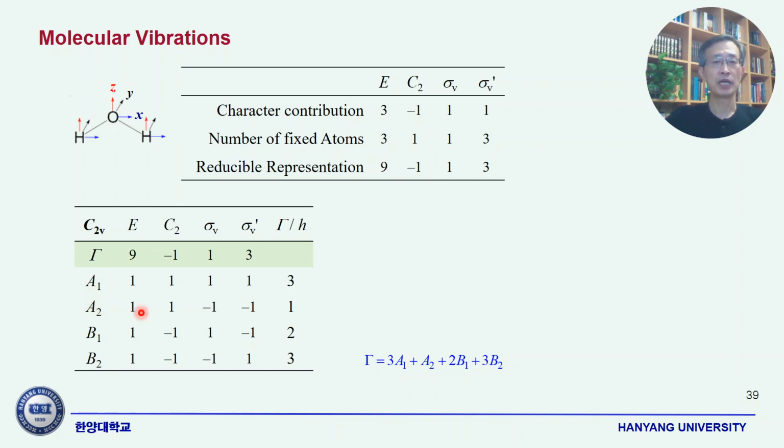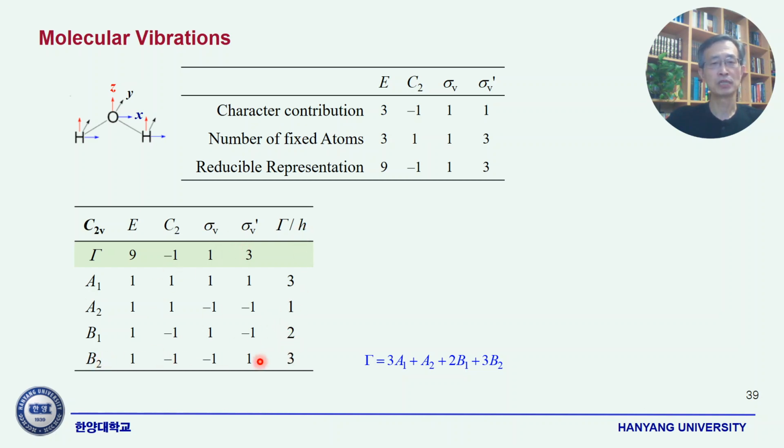And then in the A2 case you do 9 times 1, -1 times 1, 1 times -1, 3 times -1, which is 4. And then 4 divided by 4 is 1. So you have 1 A2. And now 1 times 9, -1 times -1, 1 times 1, -3, -1 times 3, which is 8, divided by 4 is 2.